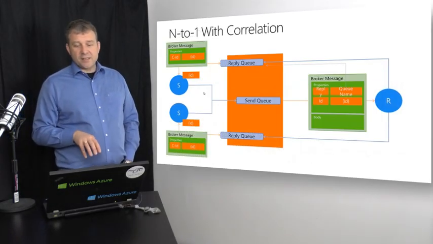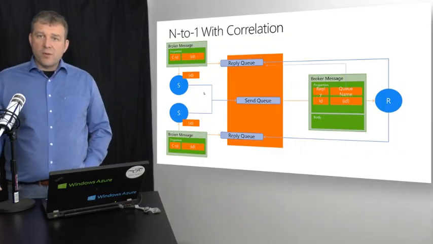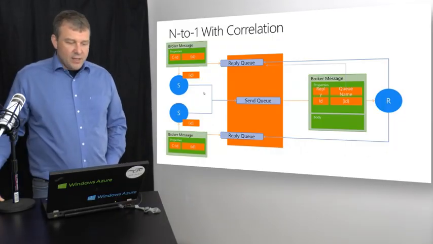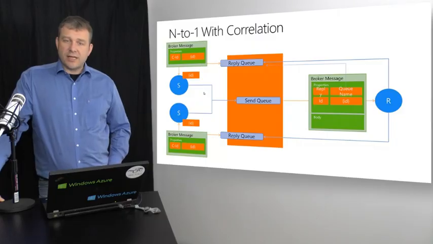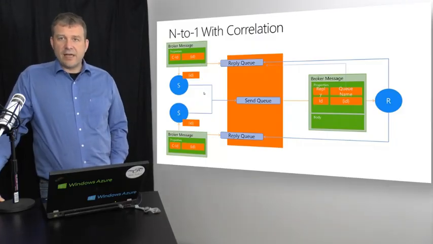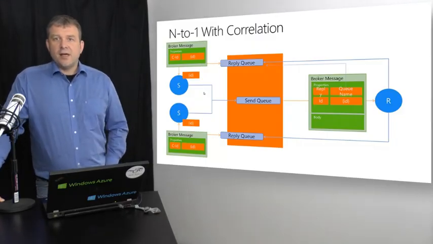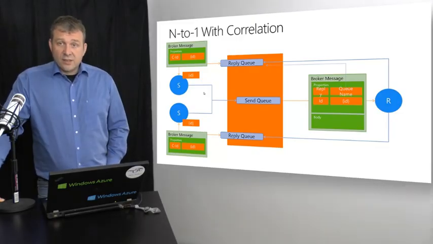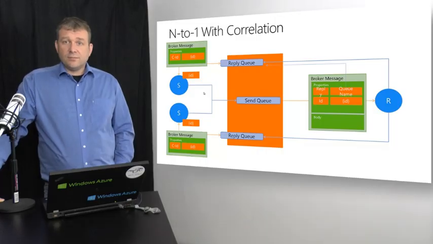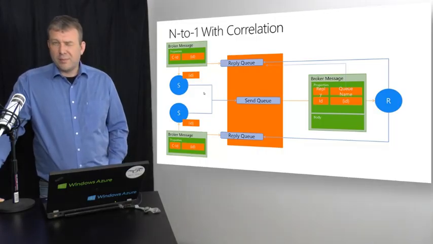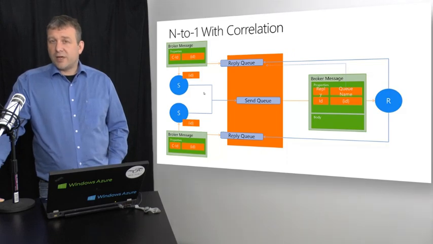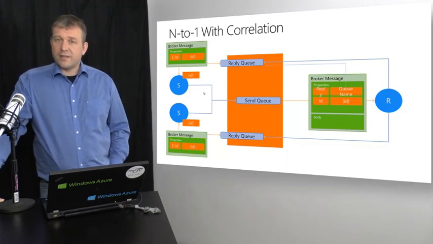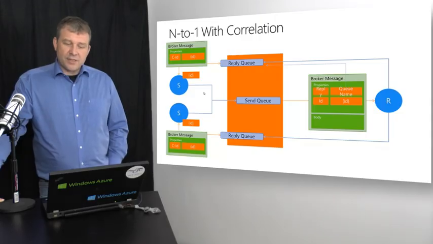You can have that as an N-to-1 model, where you have N senders and front ends. Each ASP.NET thread may be one of those senders, and then each of them has a reply queue. Or in this case, if you have a dedicated queue, it would rather be an ASP.NET node, a front-end machine, that sends messages through the send queue to a backend process.